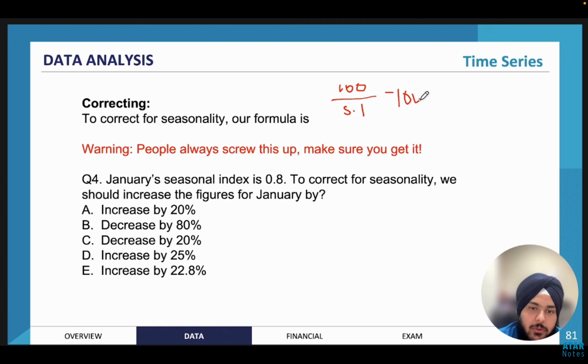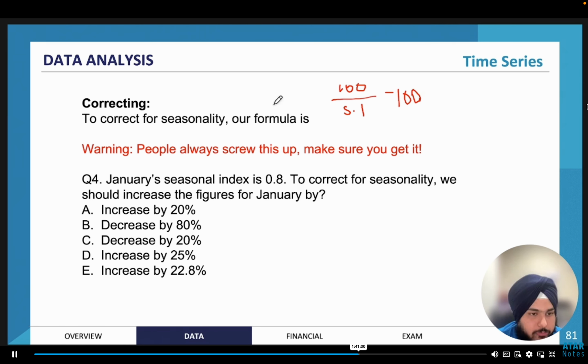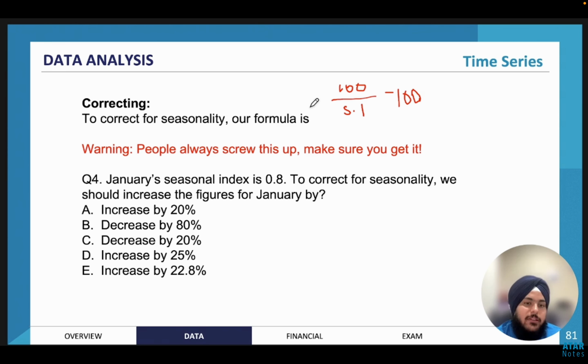That will give you the value you need to adjust by. So let's say we get positive 20. What that would mean is that the value needs to be increased by 20%.